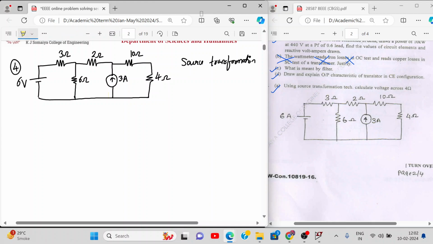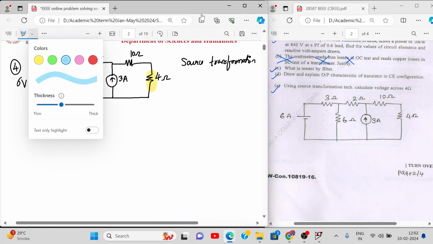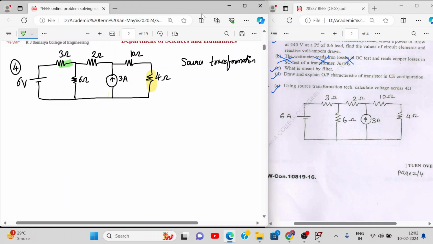So basically this 4 ohm resistance I cannot touch, because ultimately we have to calculate the voltage across this 4 ohm resistance. Yeah, tell me. So can we start with this? These two will become what? A current source, right?